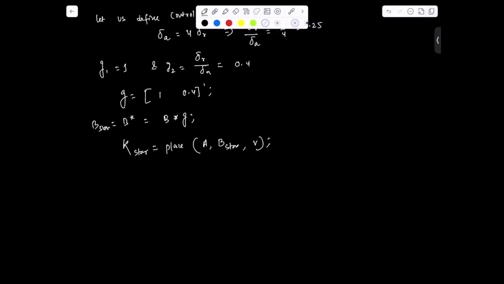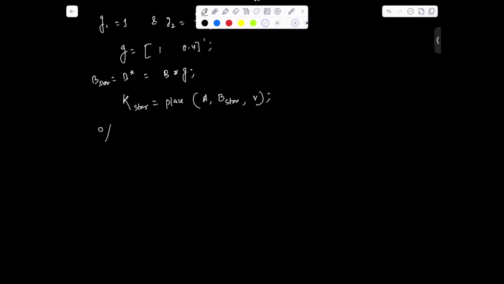The desired eigenvalues are assumed to be the same, and the output of this command, A star, is found to be 13.3, 6, 11.5, minus 0.27.